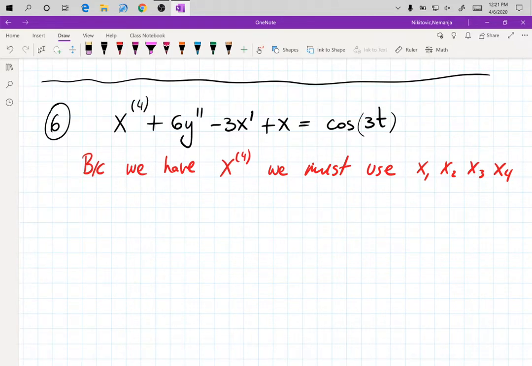But these are all functions of t. Maybe I should write that in: x1 of t, x2 of t, x3 of t, and x4 of t, just to be as transparent as possible.